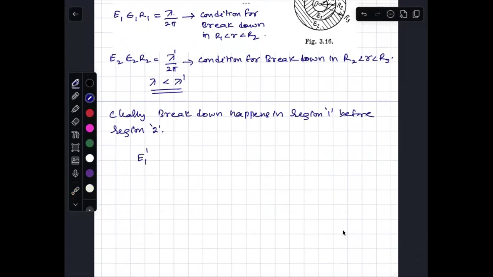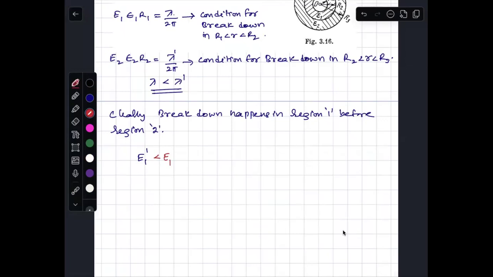Let E1 dash be the intensity of electric field, say for example, not considering the case at breakdown. So obviously, even in E2 there won't be any breakdown. If breakdown happens, it has to happen first in the R1 less than R2 region. So I am choosing my E in region 1 lesser than that breakdown condition.